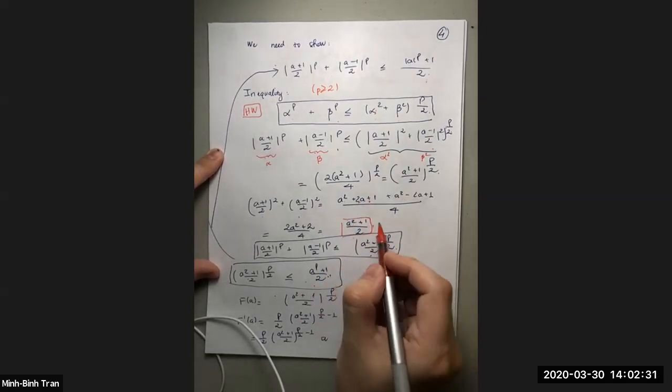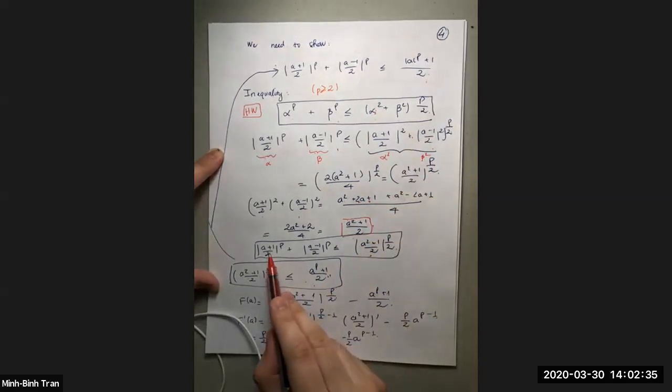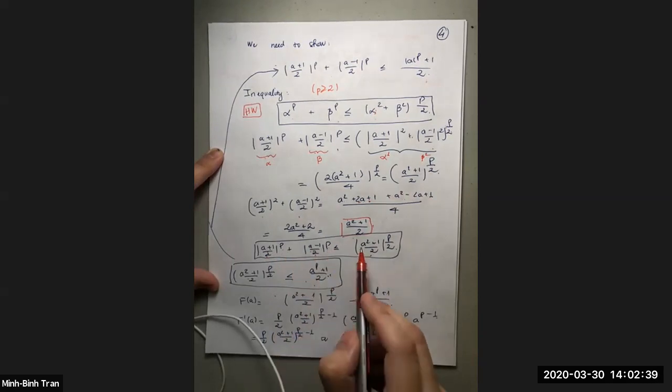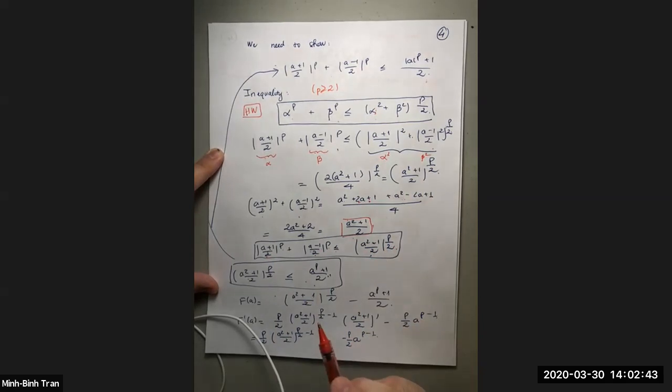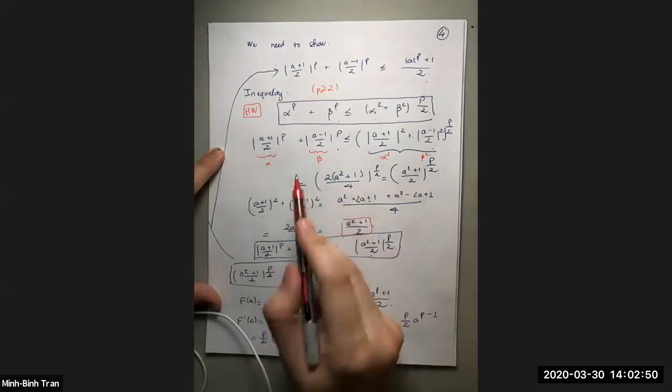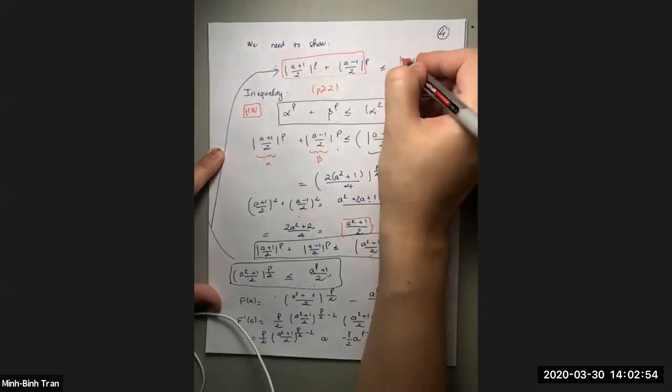You replace this value into this, you get (a + 1/2)^p + (a - 1/2)^p is smaller than or equal to (a^2 + 1/2)^(p/2), right? So now the next step is, okay, you want to show that this is smaller than this, right?